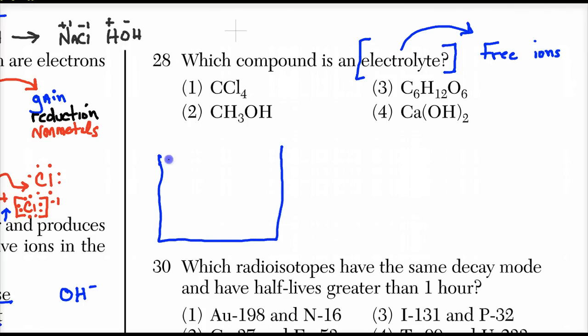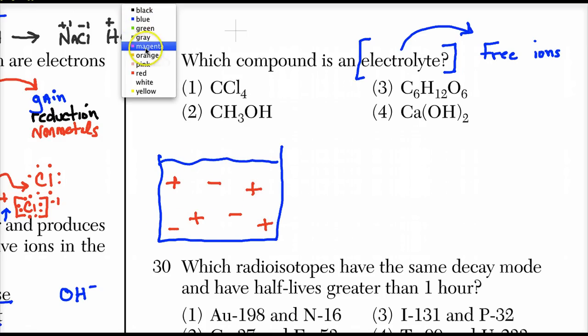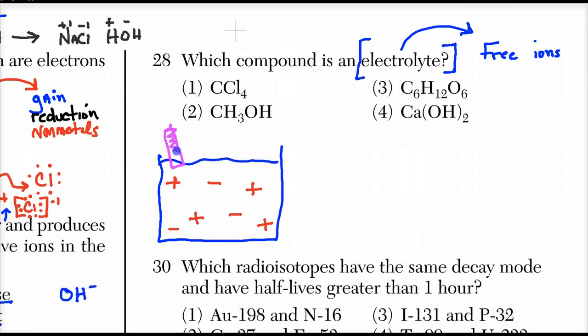If you've got ions in a solution, just really quick here, and I've got positives and negatives equally distributed throughout my solution. These are ions. And say I put in an object, like the electrical end of a cord, that's very, very negative.